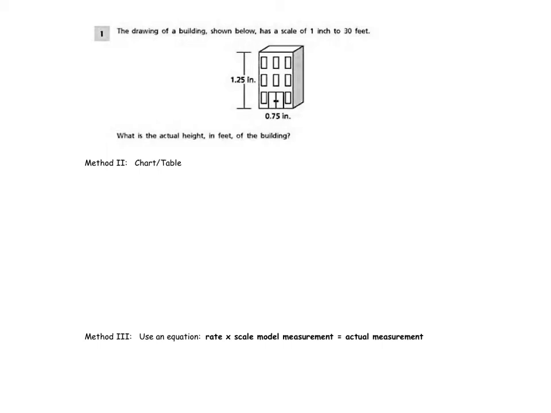So this is Mrs. Nord's method, and she uses just the scale just a little bit differently. We still have the same bit of information, or given the same pieces of information we're working with. Then she chooses to put that information in a chart. So the first information is the scale, and the second information talks about the actual.